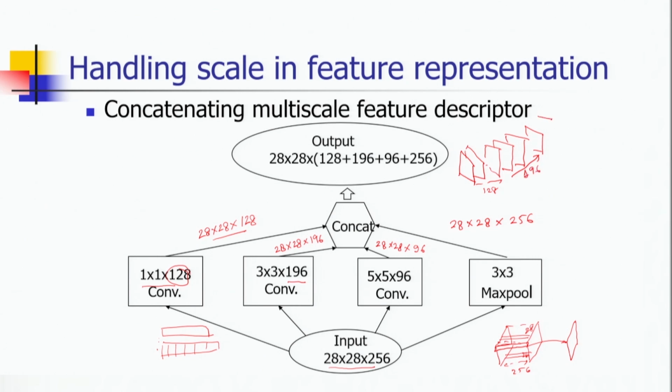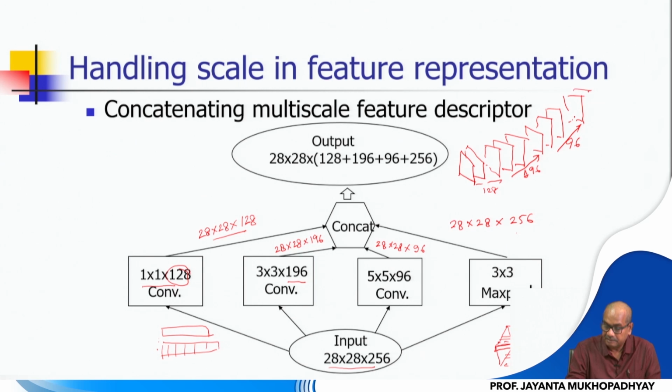Then there will be a stacking of 96 such planes, and further there would be 256. If I add all of these channels together after concatenation, your output size would be 28 cross 28 and so many channels. You just add them. So this is how you handle the multiple scale description.